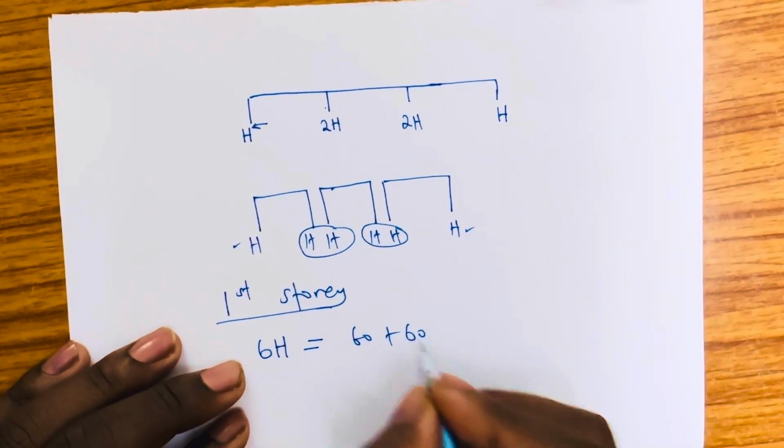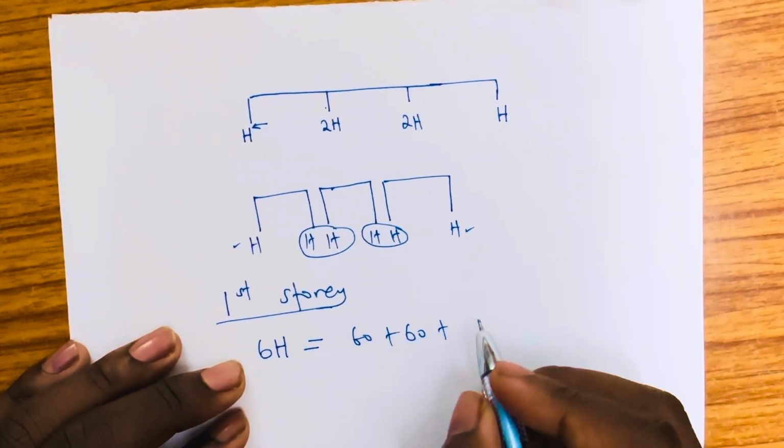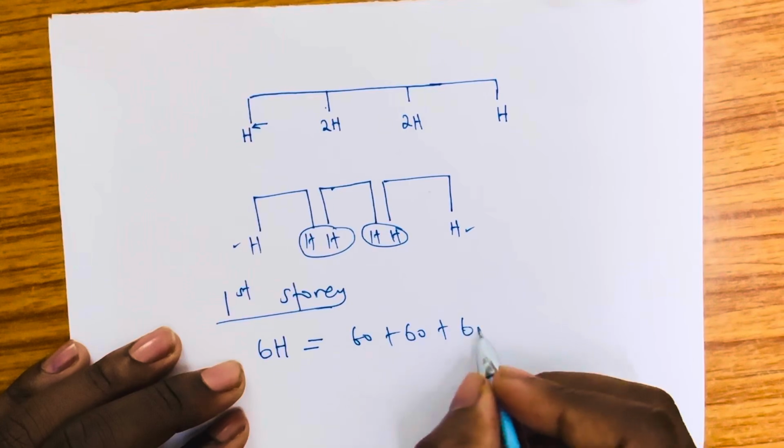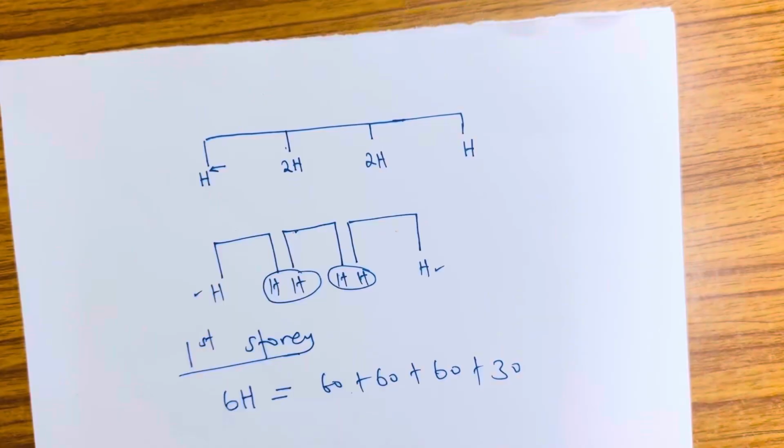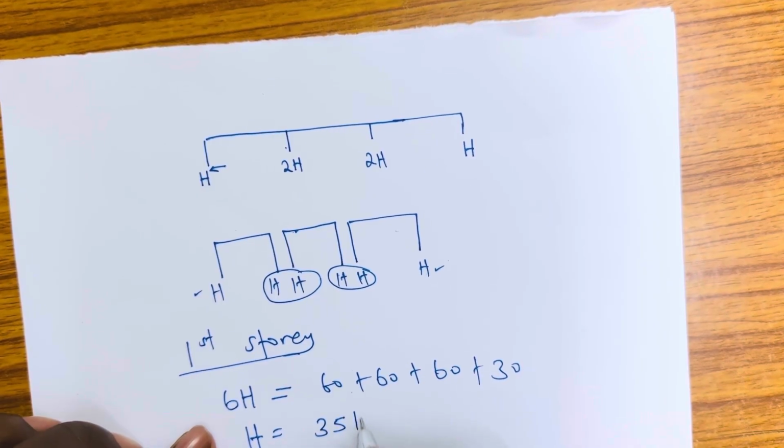So you find that the value of H here, from my calculator, the sum is 210. 210 divided by 6, the answer is 35 kilonewton.